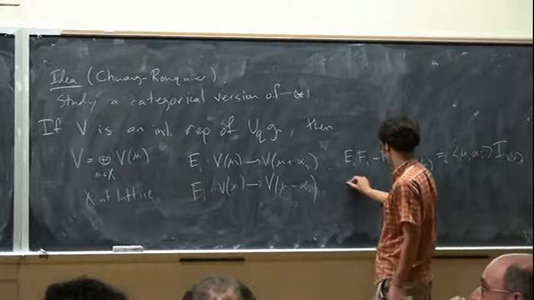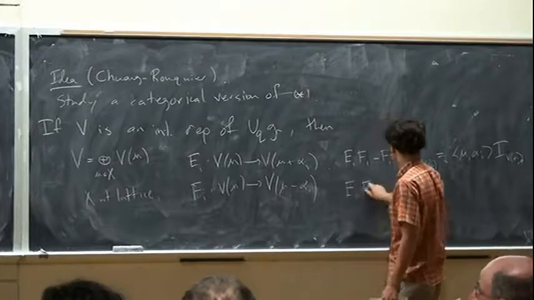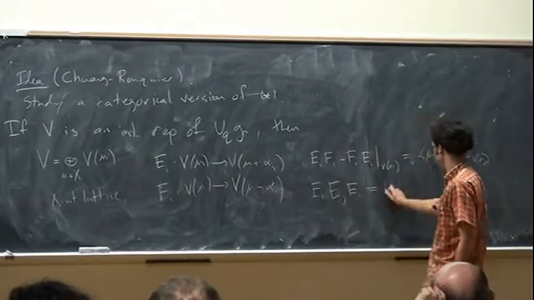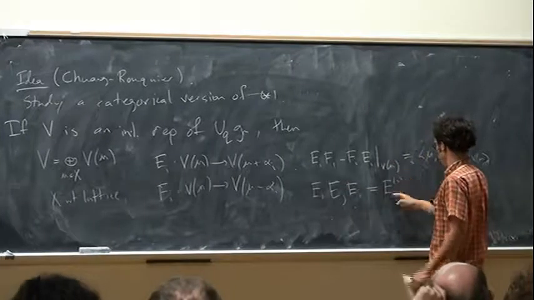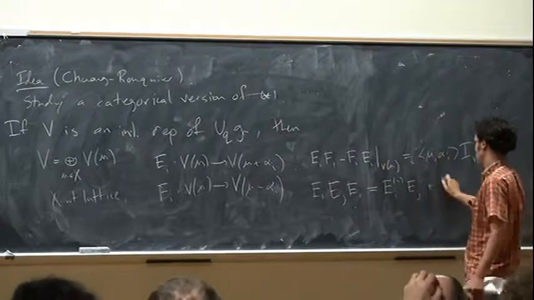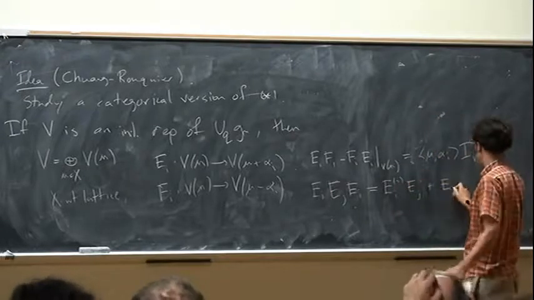The second thing I'd like to emphasize is the Serre relation, which says that these operators obey the following rule, where, as usual, E_i^(2) means E_i squared divided by 2.